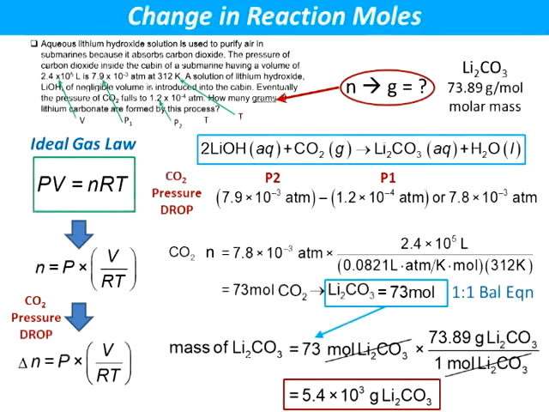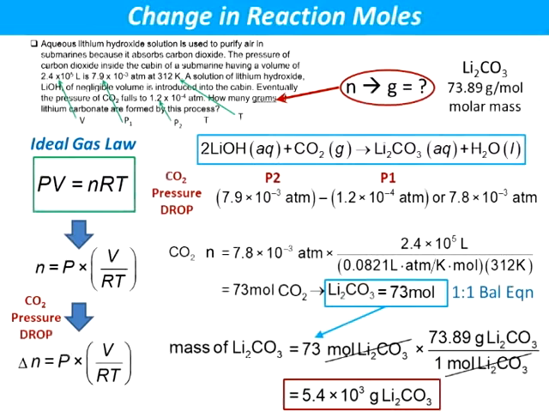So we've done that with the pressures, so we proceed to work the rest of the problem as if it's a simple mole problem. So we have our moles, but it's important to note that these are the moles of carbon dioxide. We're then going to take these moles of carbon dioxide and convert it to moles of lithium carbonate, which is our target for obtaining the number of grams produced.